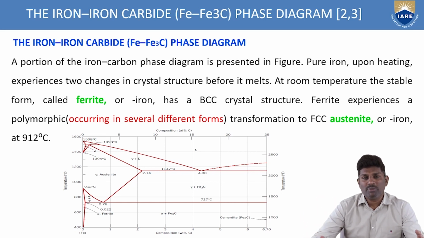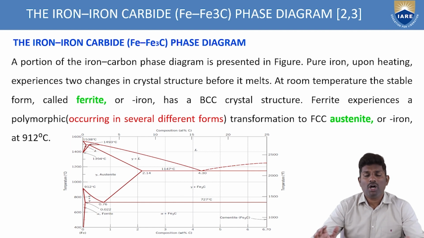The total composition of the two components we are taking has to be 100 weight percent. Coming to the y axis, we have the temperature scale, in degrees centigrade. If we raise the temperature, we will see what happens to the metal or alloy we are considering, whether it is in the liquid state, the solid state, or a combination of liquid and solid.